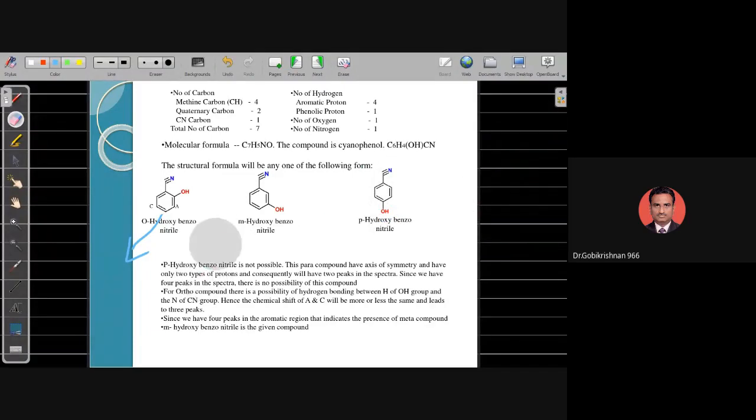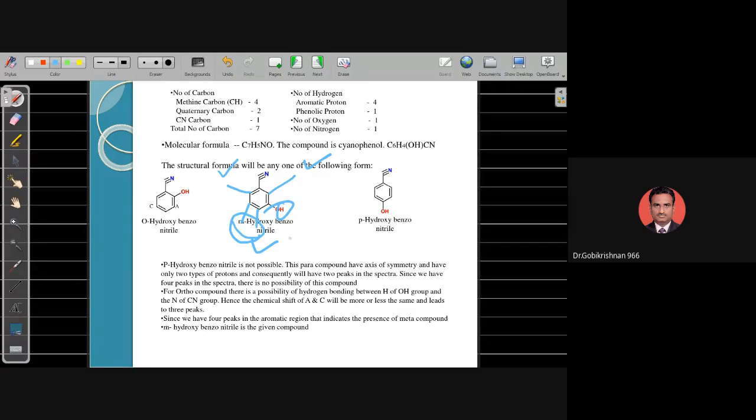Next we come to this picture. See here, this proton is different, and this proton is also different. But this proton and this proton are similar protons. Therefore, 1, 2, 3, and 4.